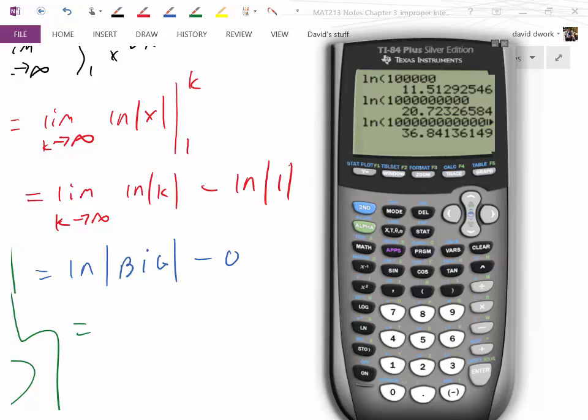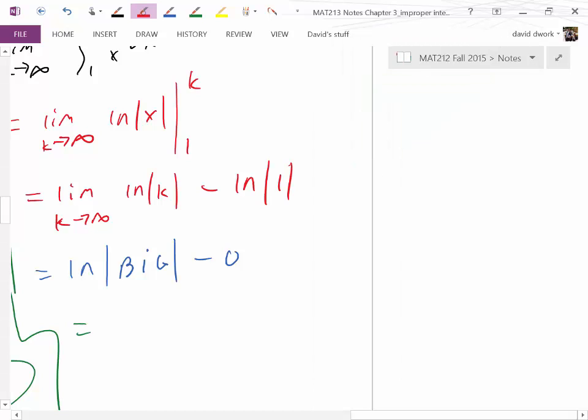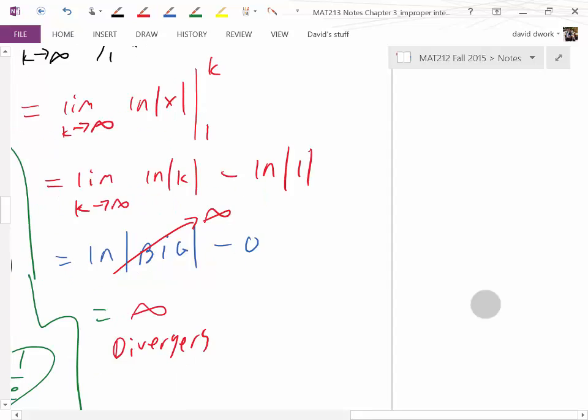It got even bigger. Or if you want to, you could always go to the graph and look at the natural log of x. You could use a table if you wanted to and let it spit out values for you. Or you can look at the graph, and you'll see it's just increasing. It gets bigger and bigger and bigger, which means this approaches infinity, which means our whole thing approaches infinity, which means it diverges.